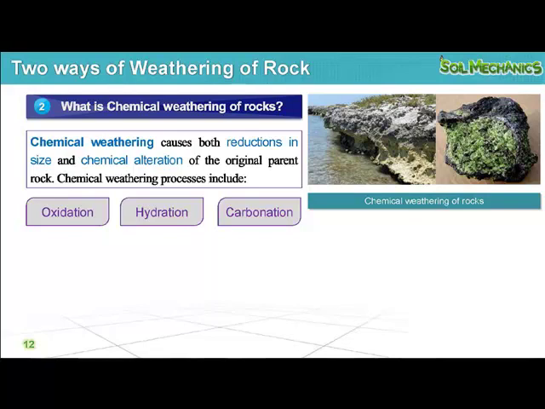It is different from mechanical weathering. Mechanical weathering reduces size, and the original mineral stays the same, unchanged. But chemical weathering reduces size and also chemically alters the original parent rock.